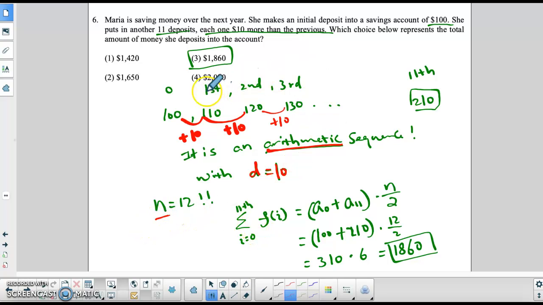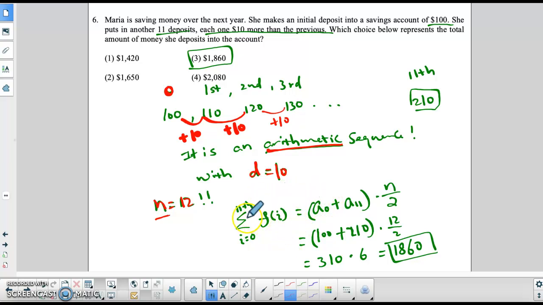Be careful. You have 11 deposits, so starting from 1 to 11, there are 11 numbers. However, we cannot forget that we have a 0 in front of 1, so we need to include it. So instead of 11 deposits, we actually have 12 terms, n equals 12.